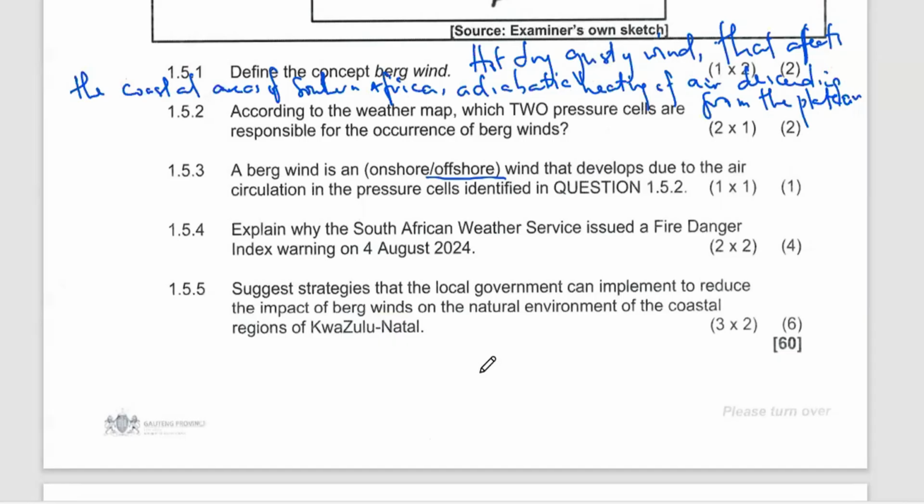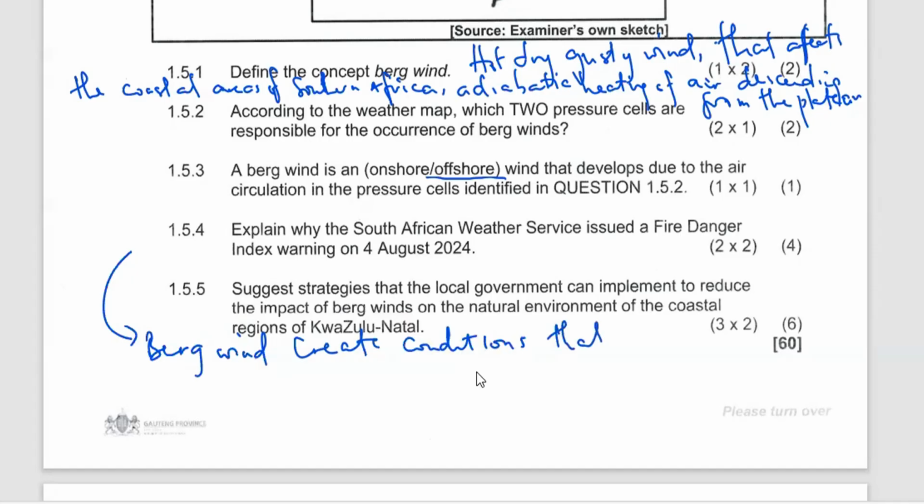Right. What facilitates the fires? We are saying the Berg winds. Let me try to explain here. The Berg winds create conditions that cause wildfires.